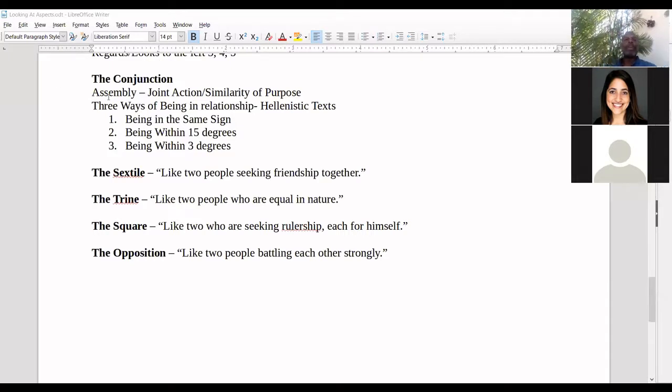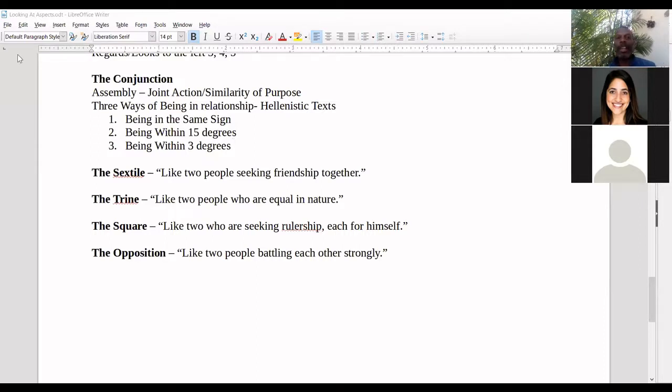And I love it. Especially if they're within 15 degrees of each other, we call them an assembly. That's what I'm going to use from now on. I'm never going to use the word stellium again. If you have a bunch of planets in one sign, in one house, and especially if they're within 15 degrees of each other, you have what's called an assembly.